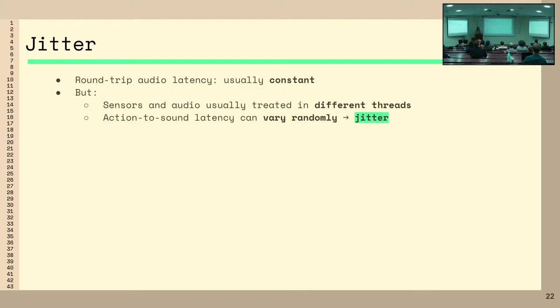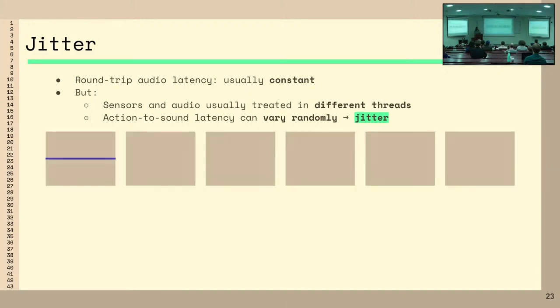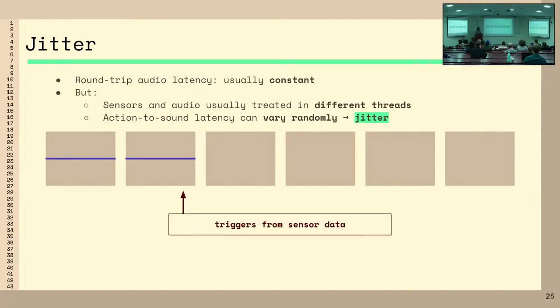That happens a lot when you treat sensors as a different thread. So let's say you have different blocks that you're reading from audio, and then at some point you receive a trigger from sensor data. If this is in a different thread, the soonest that you can react to this is going to be the next block.